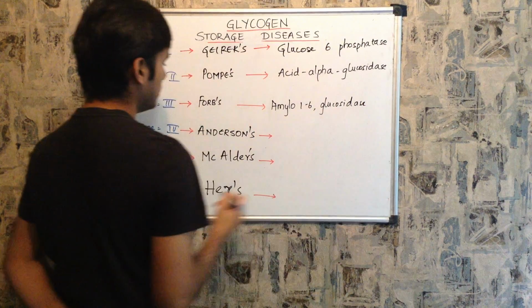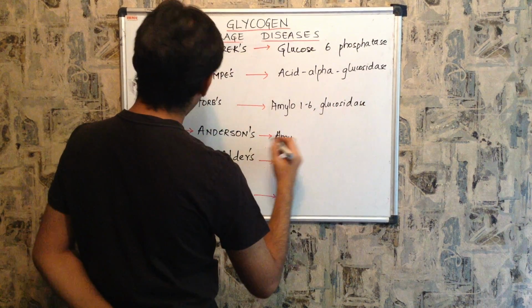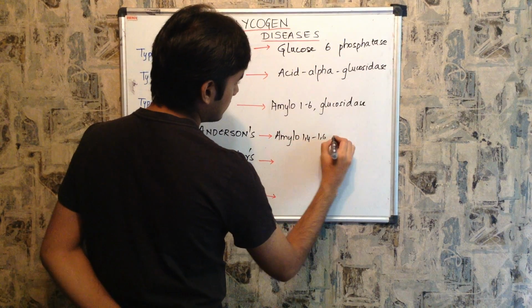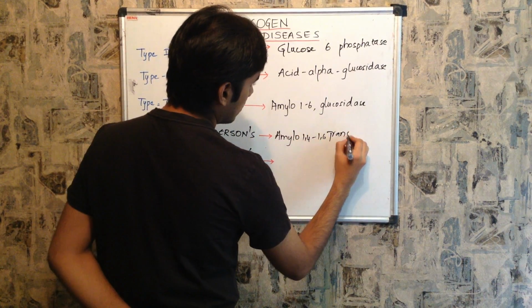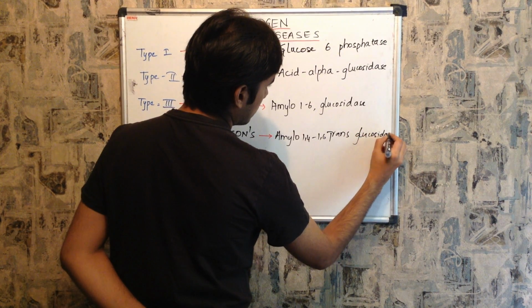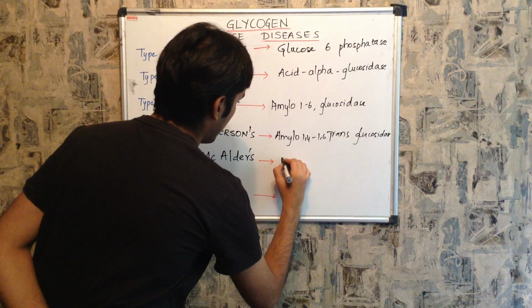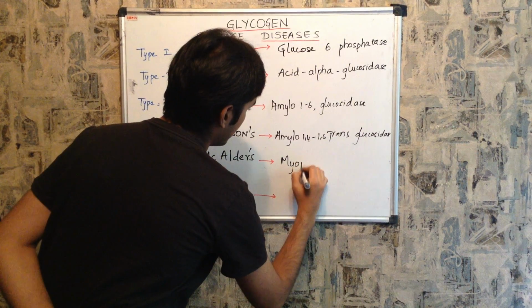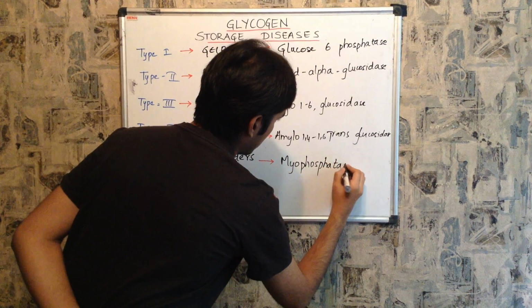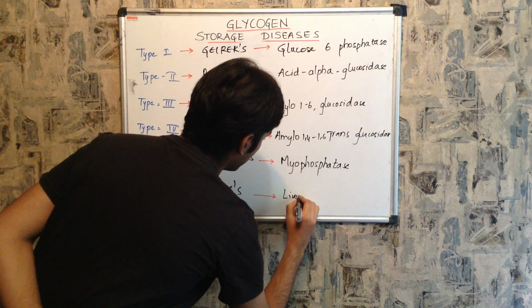And Andersen disease is amylo 1,4 to 1,6 transglucosidase, right? And next, McArdle's disease is myophosphorylase. And at last, Hers disease is liver phosphorylase.